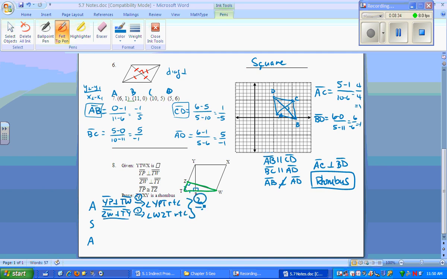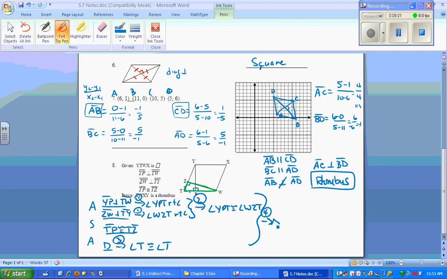And these together, we're able to prove that angle YPT is congruent to angle WZT. We also knew that TP was congruent to TZ. And then we learned from the diagram, reason 3, angle T is congruent to angle T because it's reflexive.